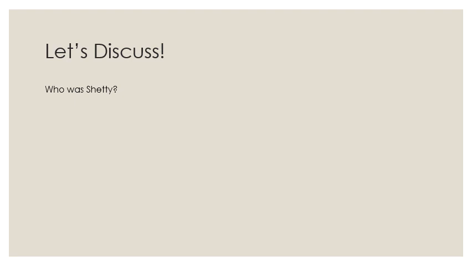The very first thing here we have to say is that the question is, who was Shetty? So after looking at this particular sentence, we can say that this is an, I hope you have remembered what kind of sentence? This is an interrogative sentence. Why?